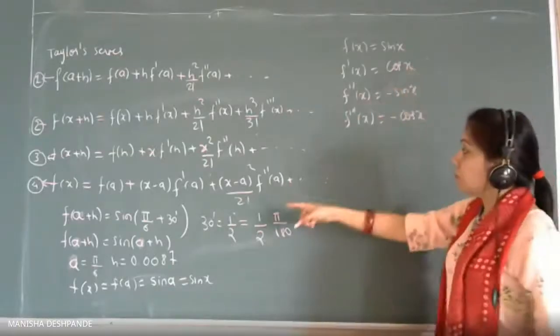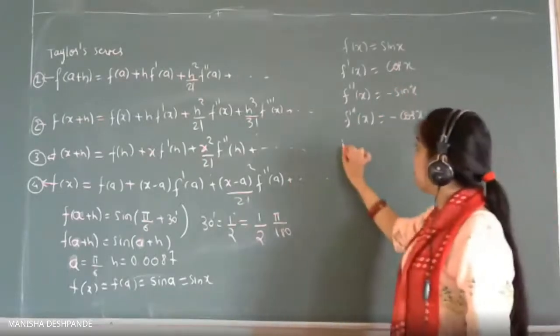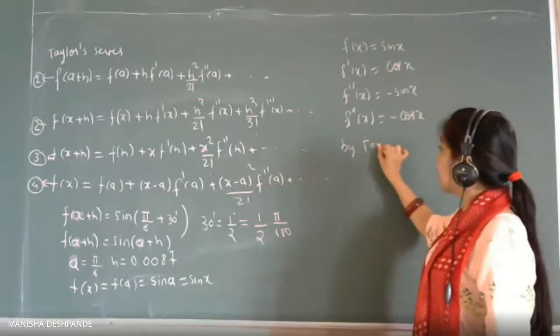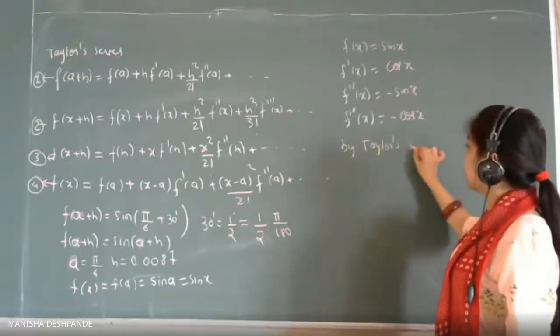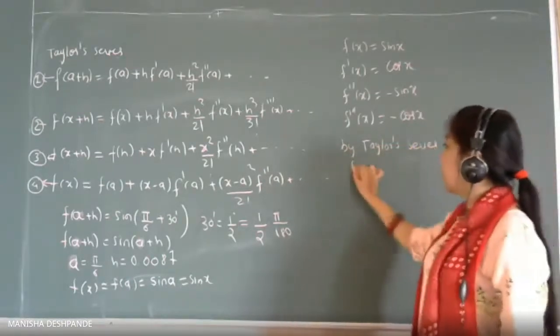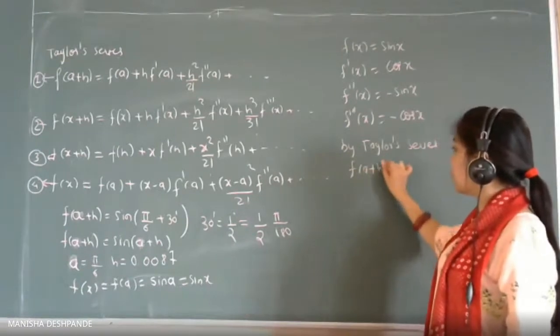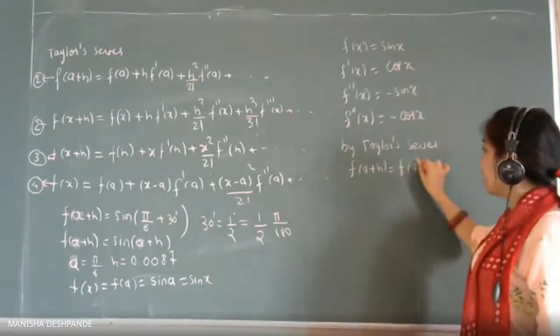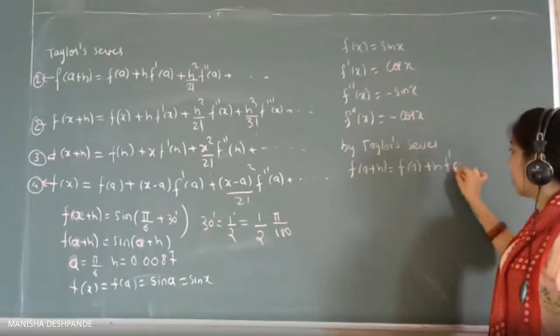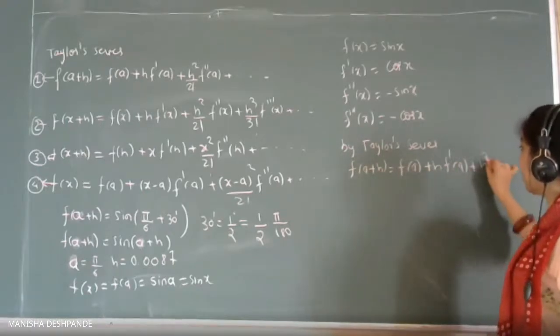Now you have to find which formula I want to use. By Taylor series, f of a plus h is equal to f of a plus h f dash of a plus h square by 2 factorial f double dash at a and so on.